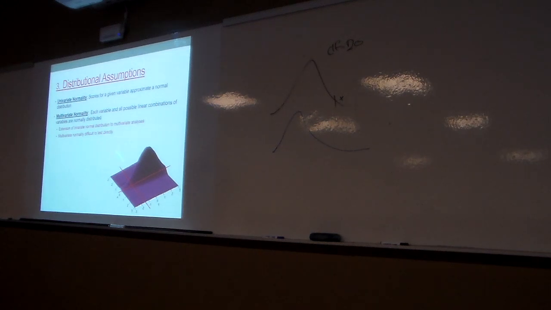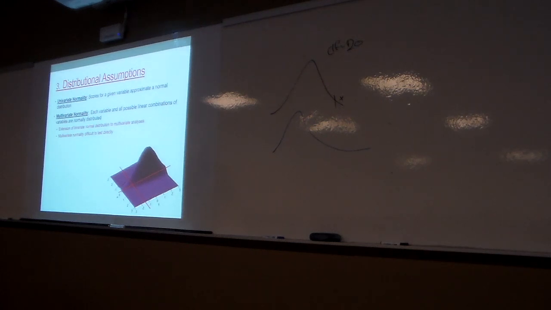If I take this plane right here and slice it, then look at it from the front, what's the shape? Exactly, it's just normal. It's a nice normal curve any way we look at it.